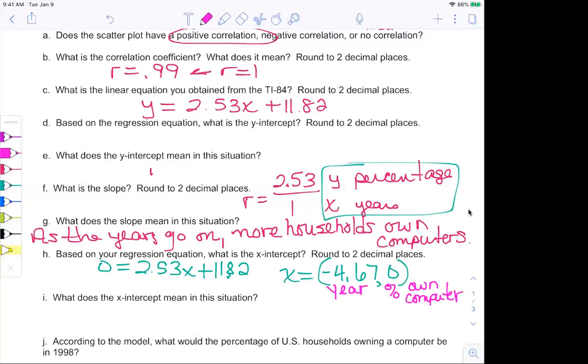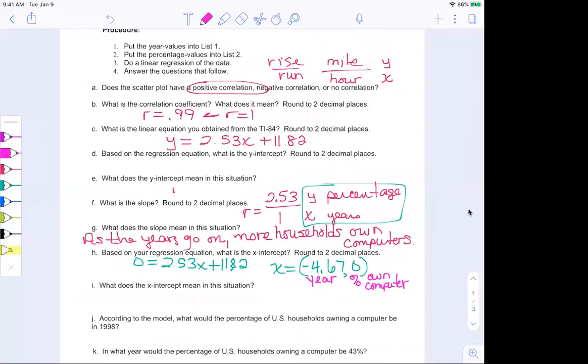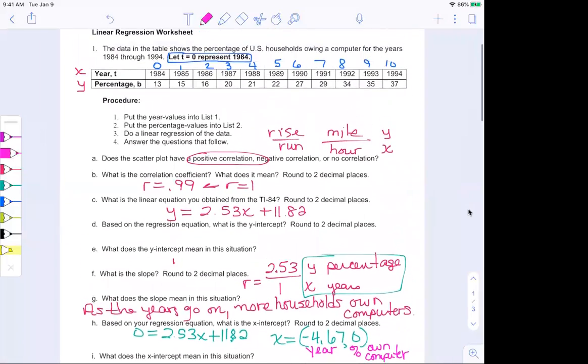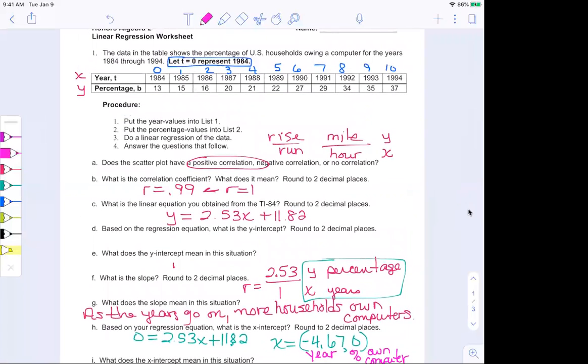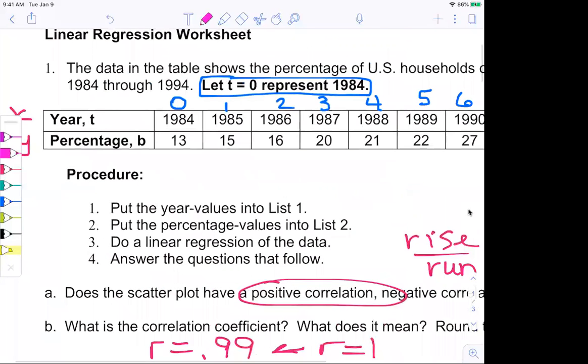Sometimes making a little setup as to what the data represents might help you make a sentence. So if you go into your chart, we have to decide what negative 4.67 represents. I have that it's a year. 0 corresponds with 1984.